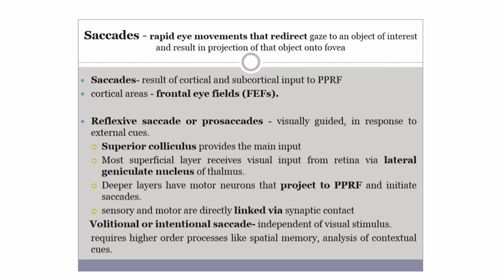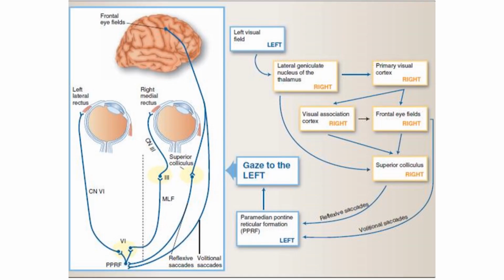Deeper layers have motor neurons that project to the PPRF and initiate the saccades. Sensory and motor are directly linked via synaptic contact, and then volitional or intentional saccades, volitional just means voluntary, or intentional saccades are independent of visual stimulus. So it requires higher order processing, like spatial memory and analysis of contextual cues.